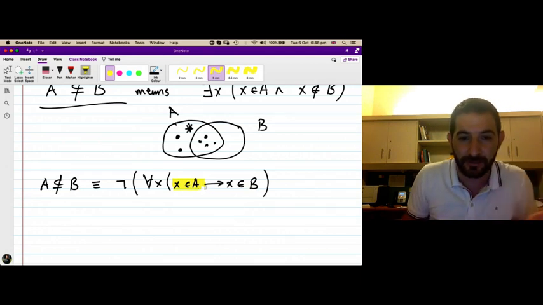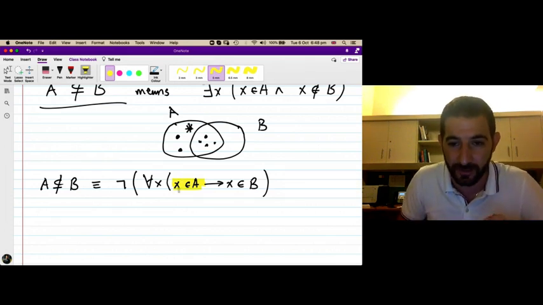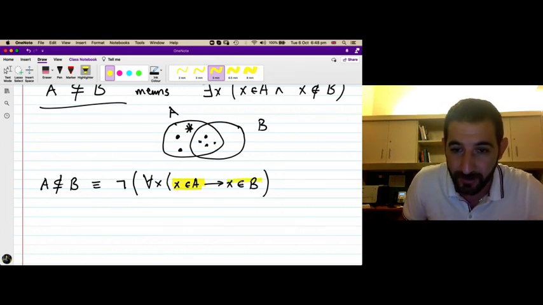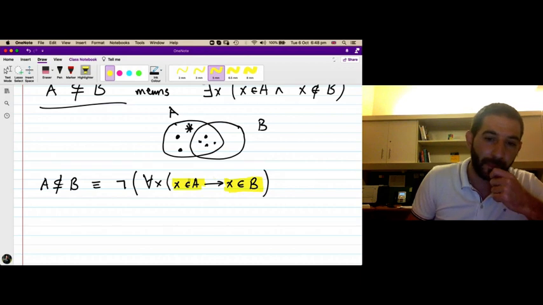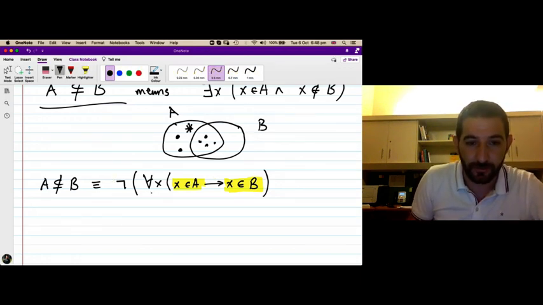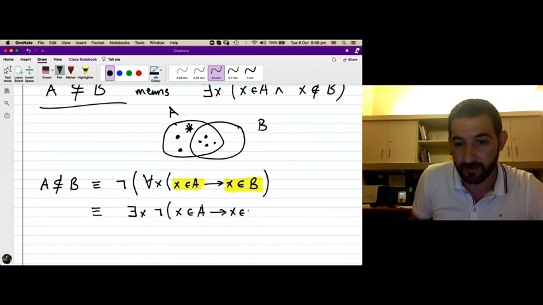X belongs to A is a statement which will become a proposition once we substitute a value for X. And this is also a predicate, X has this property if it belongs to B. Okay, so let's continue. So not being a subset is equivalent to there exists an X such that not (X belongs to A implies X belongs to B).